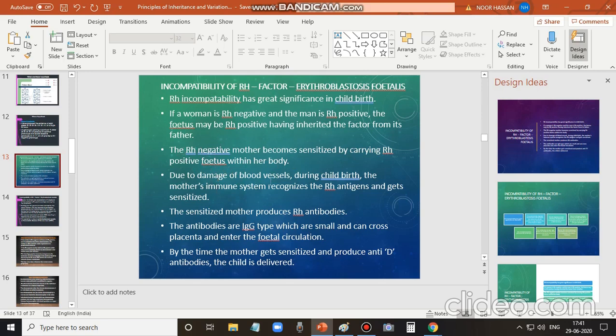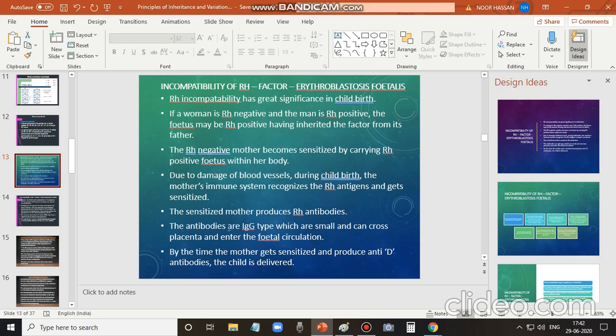And due to damage of blood vessels during childbirth, what happens is, the mother's immune system recognizes the RH antigens and gets sensitized. The mother's body understands the difference in the RH, that because the fetus is RH positive, the mother's body is sensitized and recognizes the RH antigen of the fetus.